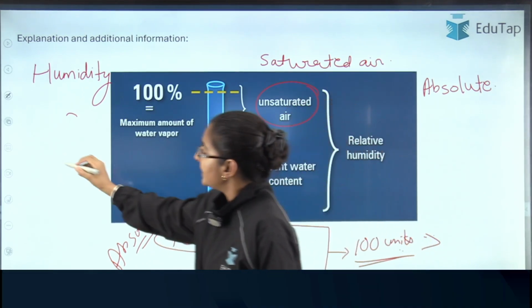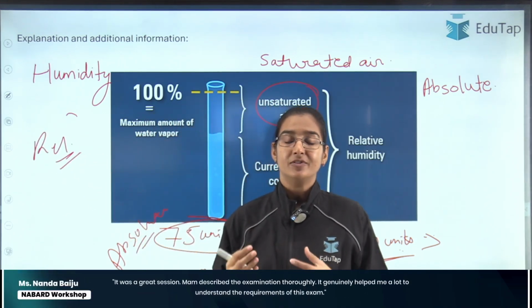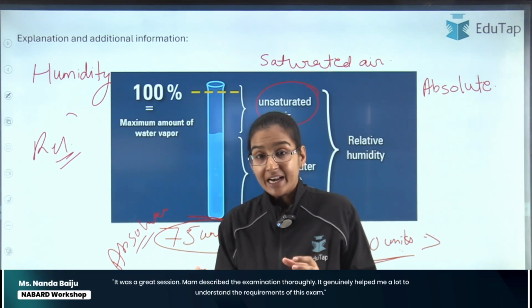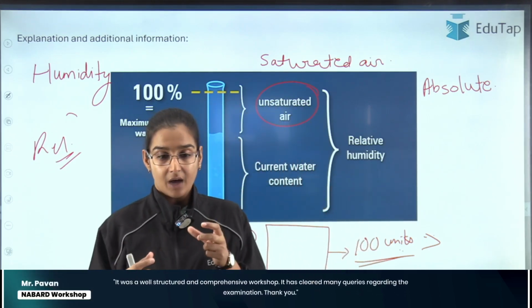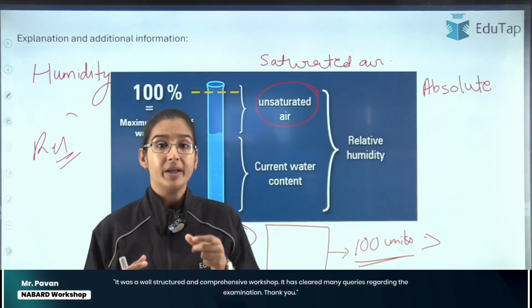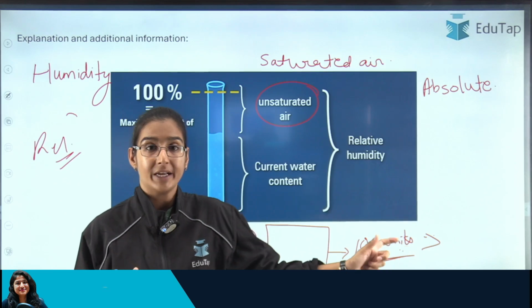Now coming to the second word, which is the relative humidity. As the word itself suggests, relative means it is related to something. What is it related to? Relative humidity is the amount of water vapor which is present in the air as compared to its maximum water holding capacity, right?